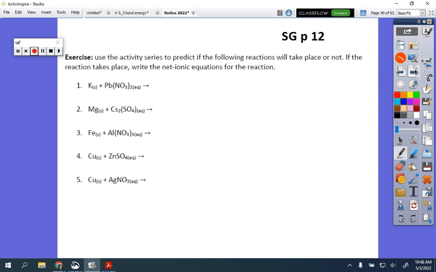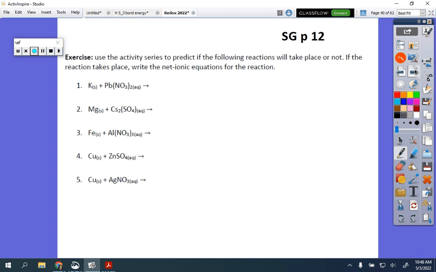If the single element is not high enough to kick out the ion, then there will not be a reaction, and those two substances will just sit there forever in a beaker doing nothing, okay? So the two steps that you have to take to answer these are, say, is the single element higher on the series? If it is, then what is it going to form when it reacts with the other substance?